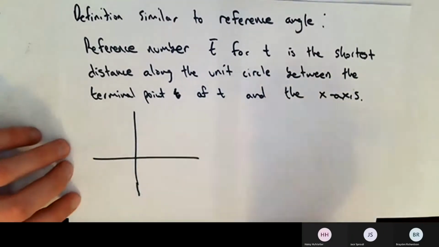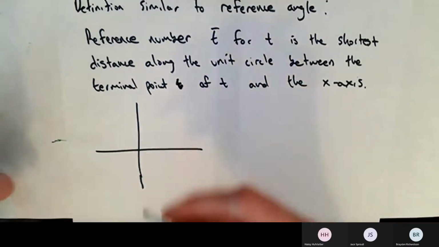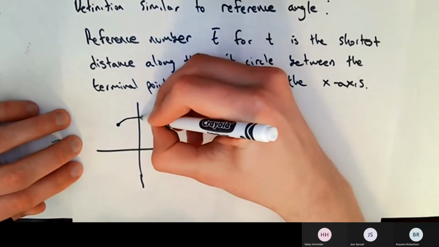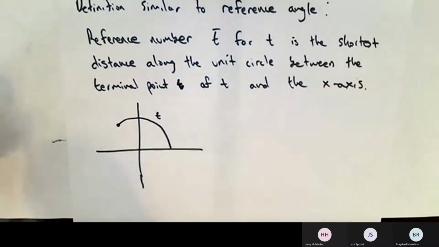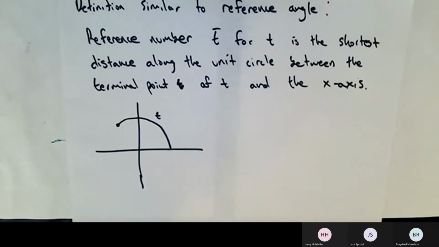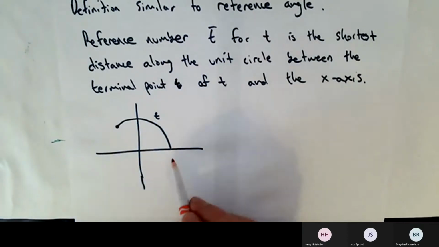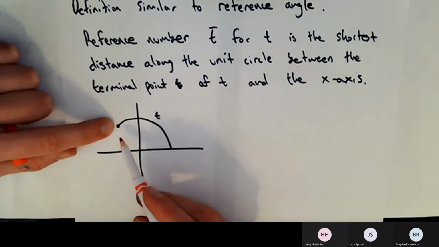My t is outside of the first quadrant, right? Well, it doesn't have to be, but as an example, I'll draw t outside of the first quadrant, maybe all the way over here. So here's t. T bar, the reference number for t, is the shortest distance still along the unit circle, between the terminal point of t, which is right here, and the x-axis.